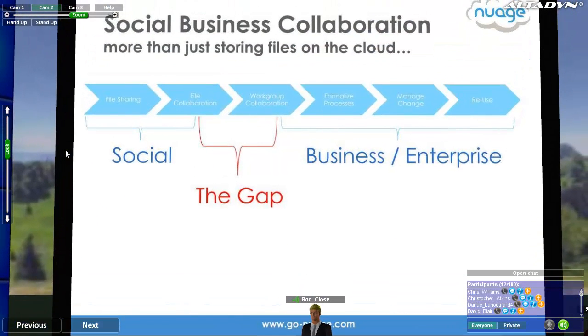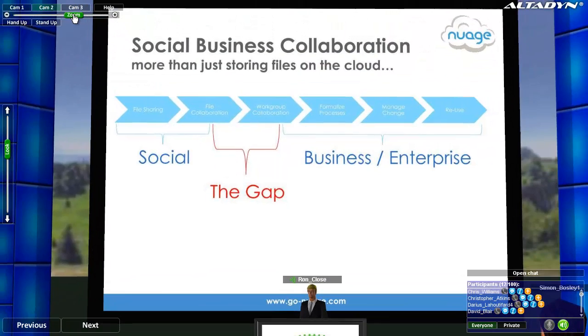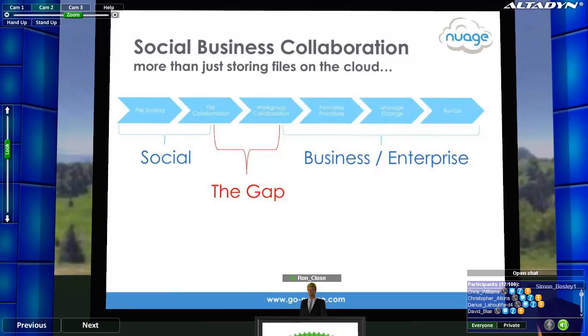What we intend to do is help our clients capture and leverage information and incorporate it into a process, into a conversation, from the very outset of inception and innovation. So social business collaboration, in summary, takes the ease of use of social computing and combines it with the benefits of enterprise applications.